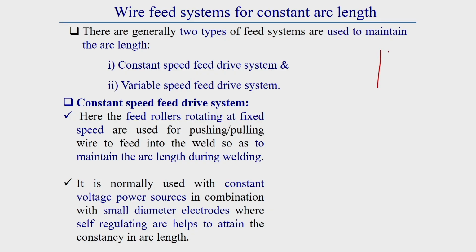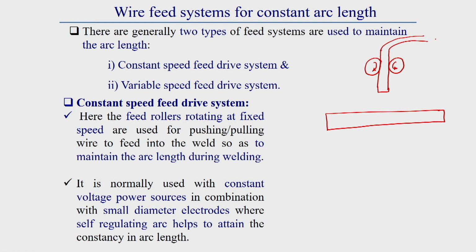The electrode is generally wound on a wheel, and its speed is controlled by feed rollers.